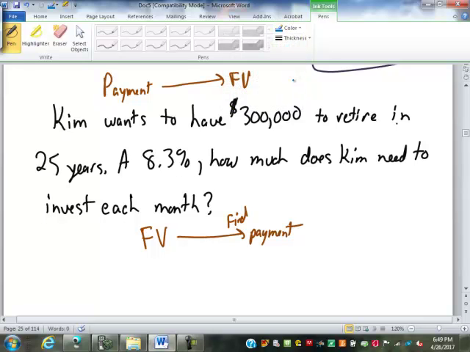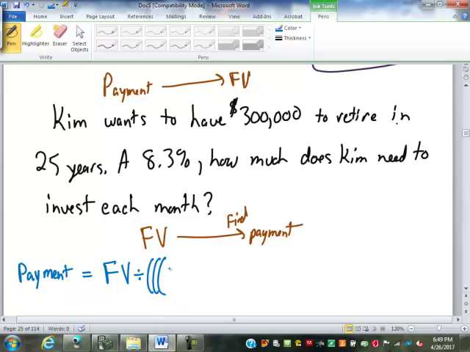The difference is exactly the same as the difference for future and present value in compound interest. So to find the amount of the payment, it is equal to the future value amount. What do you think is going to come now? Instead of times, divided by. The rest of the formula is exactly the same.